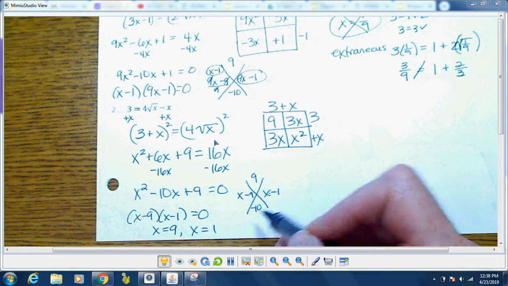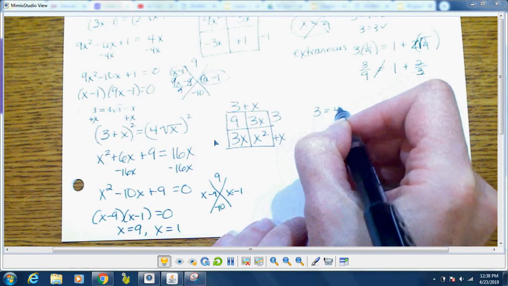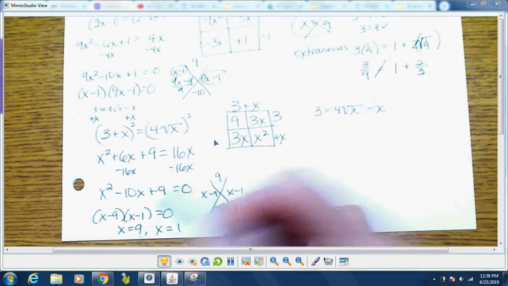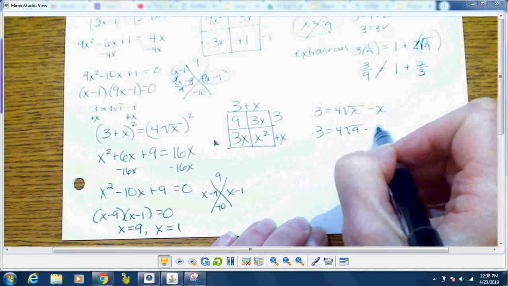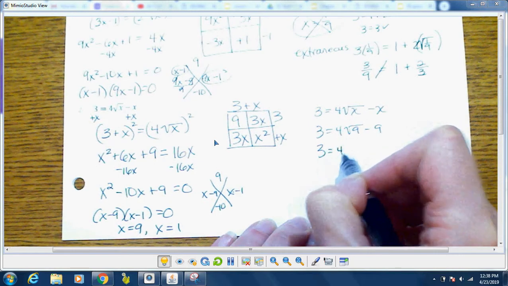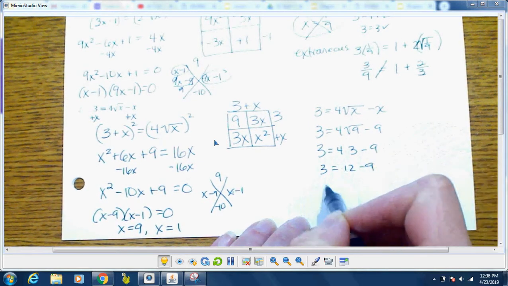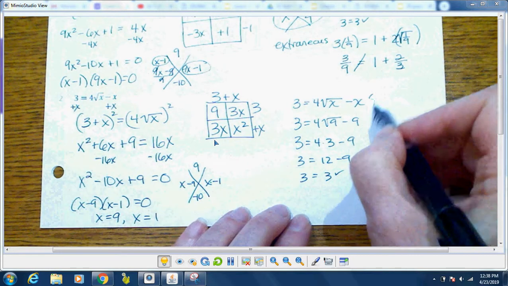Let's plug these back in to see if they work. Is 3 equal to 4 times the square root of x minus x? Let's try 9. 3 equals 4 times the square root of 9 minus 9. Yep, that worked. Okay.